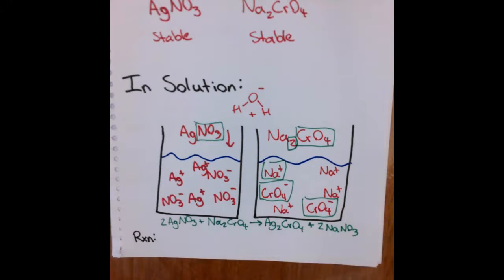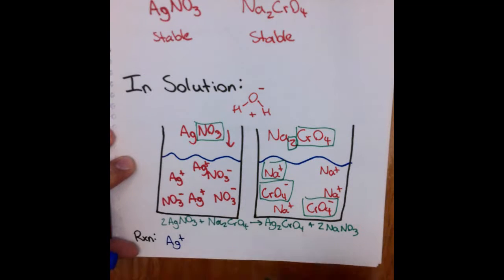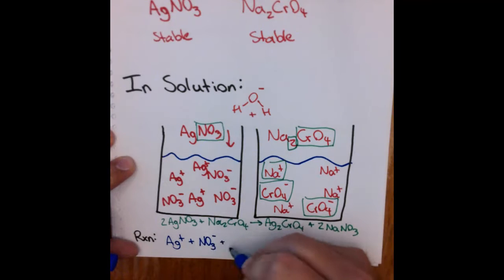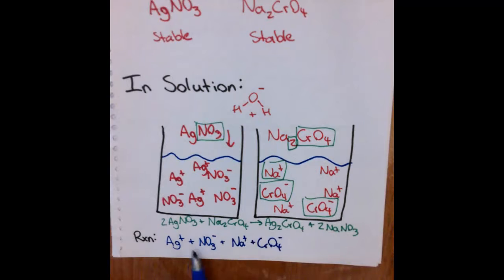Instead, we are going to have components of Ag plus reacting with components of NO3 minus, reacting with Na plus, and reacting with CrO4 2 minus. These multiple things come together to make our products, silver chromate and sodium nitrate.